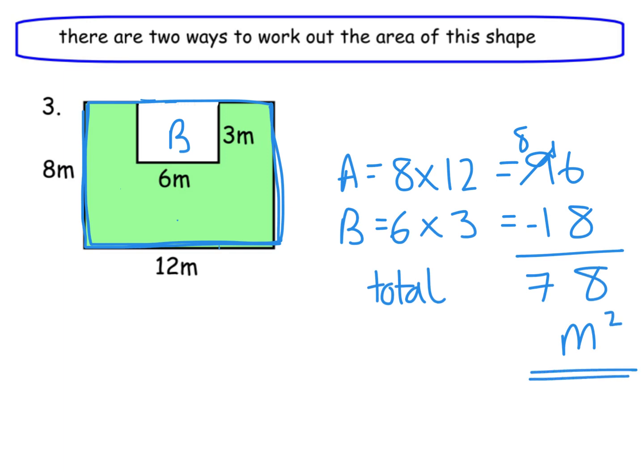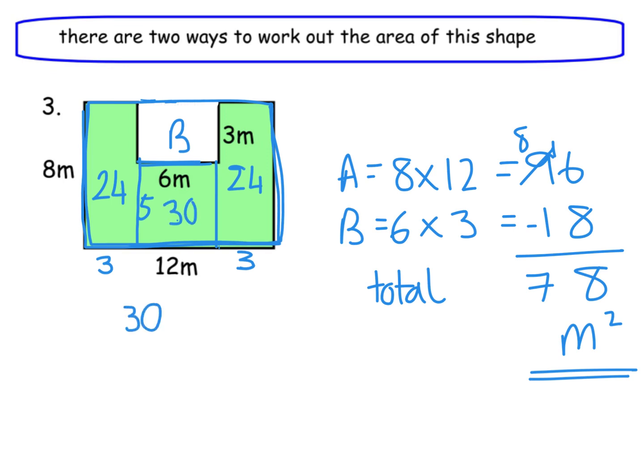Now, just to prove that this could have worked by splitting it up into 3 different bits, I'm assuming this is symmetrical. So if this bit in the middle is 6, this little bit must be 3 and 3, because 6, 3 and 3 make 12. This area would be 24, 8 times 3. This one would also be 24, which is 8 times 3. And this one would be 5 by 6, which is 30.